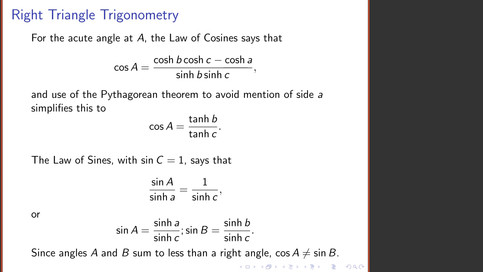I can do the same thing for the sine of angle B, and you'll notice yet again the cosine of angle A is not quite equal to the sine of angle B, because in one case I have a ratio of hyperbolic tangents, in the other case a ratio of hyperbolic sines. The fact that the cosine of one acute angle is equal to the sine of the other is another peculiarity of Euclidean geometry.